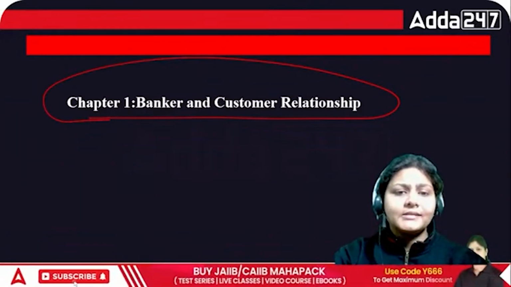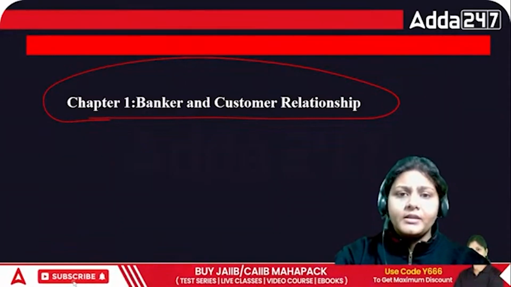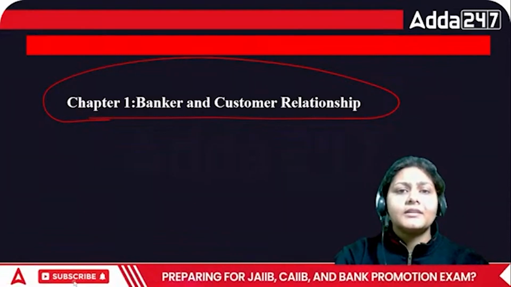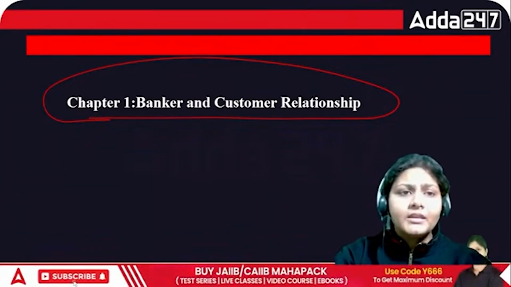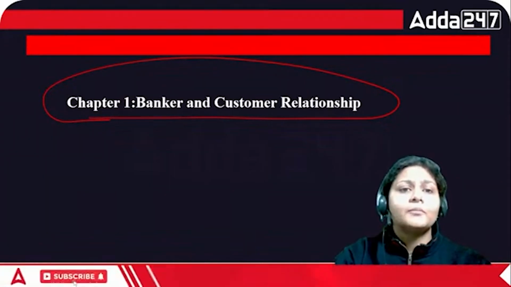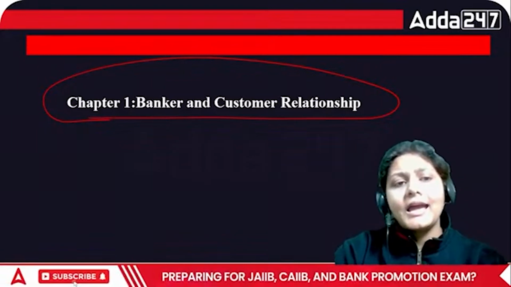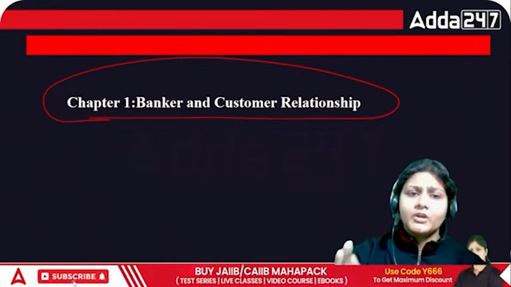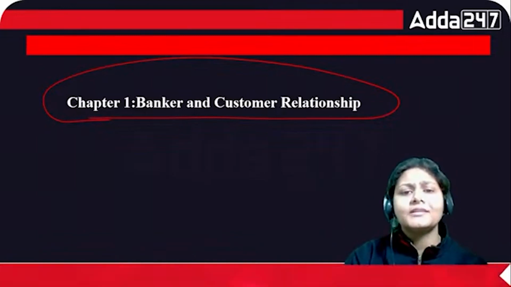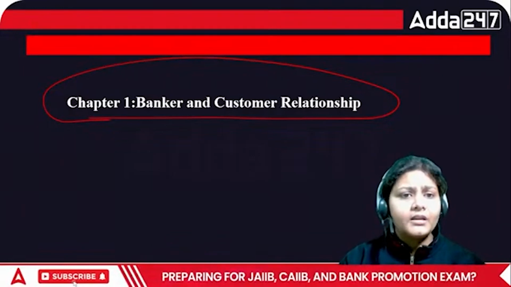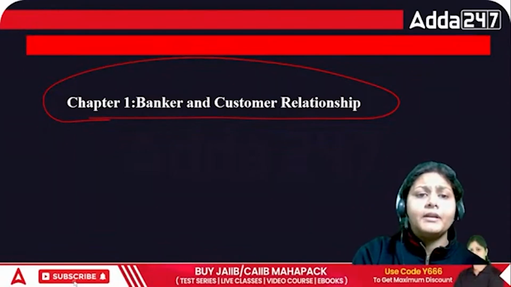Okay, so I am going to explain what the meaning of banker and customer relationship is. In the case of a bank, there is a certain relationship between the banker and the customer. Normally, what is the general relationship between the banker and customer? That is of course debtor and creditor.